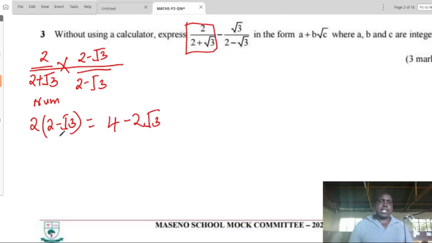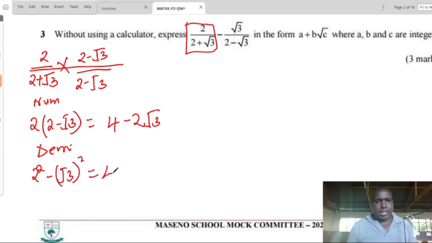That is the numerator. Denominator, we take the first number, we call it the first term. You square the first term, you subtract the square of the second term, and you are done. So the denominator, you square 2 squared minus root 3 squared, and you are done.